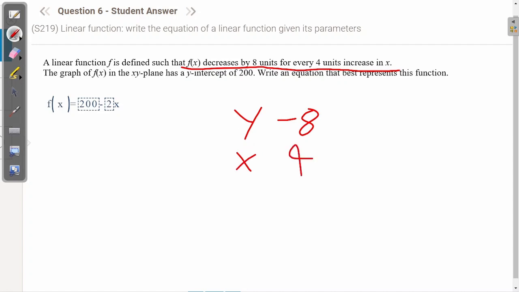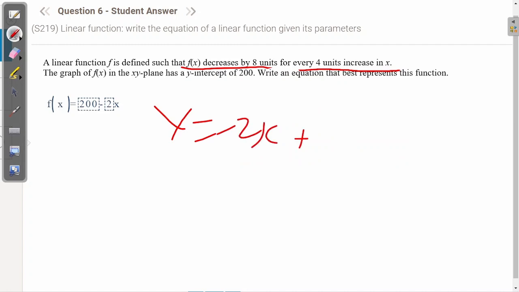So imagine it's like y2 minus y1 over x2 minus x1. So y over x. Negative 8 over 4 equals negative 2. Because they just said decreases by or increases by, you don't need to do the whole slope thing. You just put them over each other. So now you found that it's negative 2. Y equals negative 2x plus, they gave us the y-intercept is 200, so you don't need to solve anything, they gave us. So that's the equation.